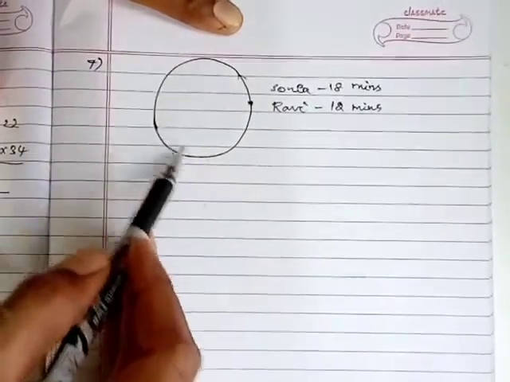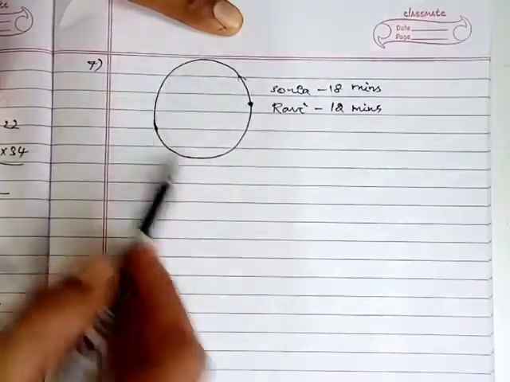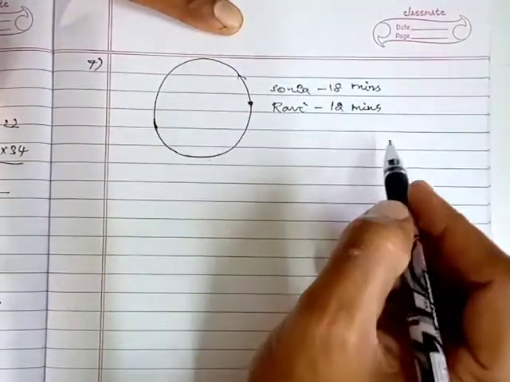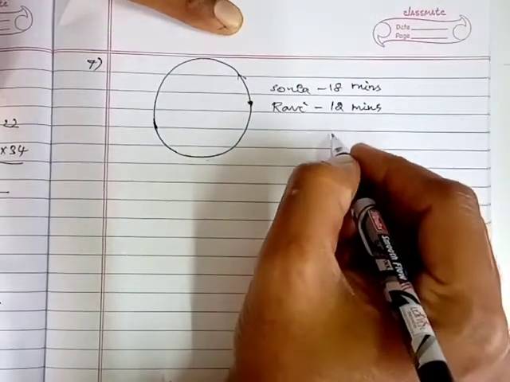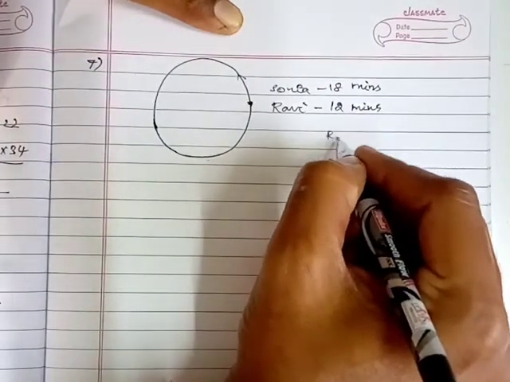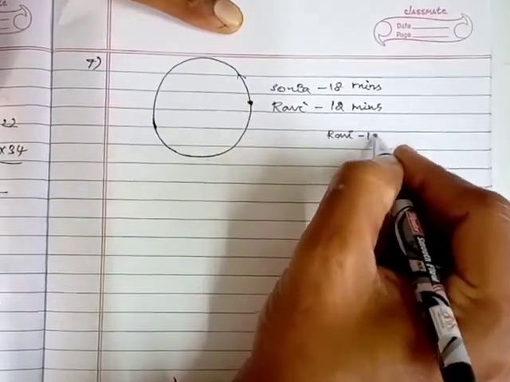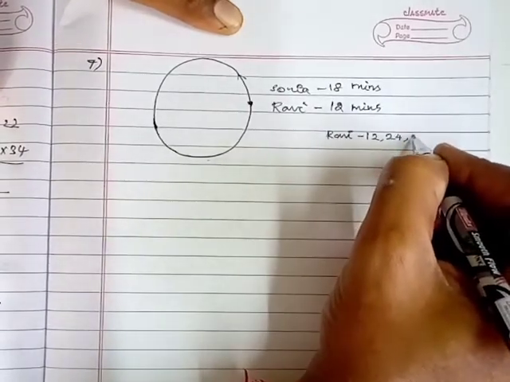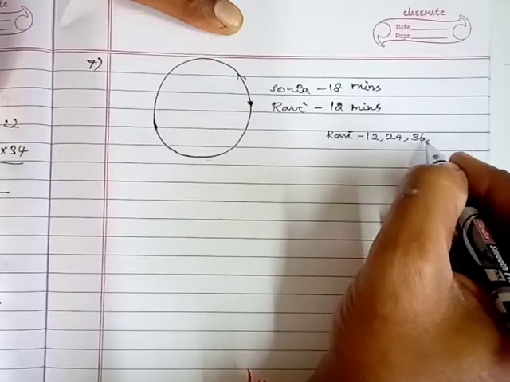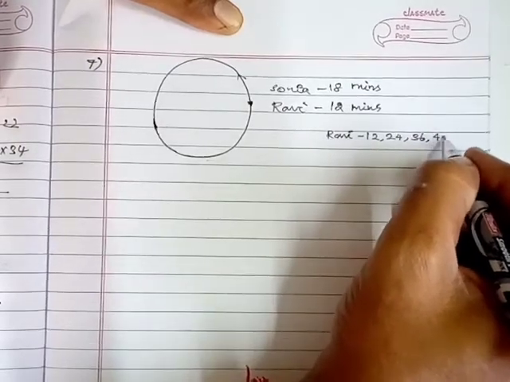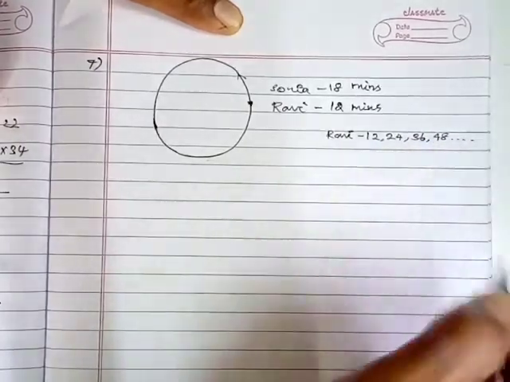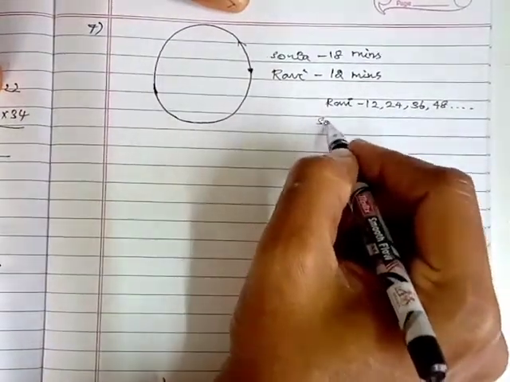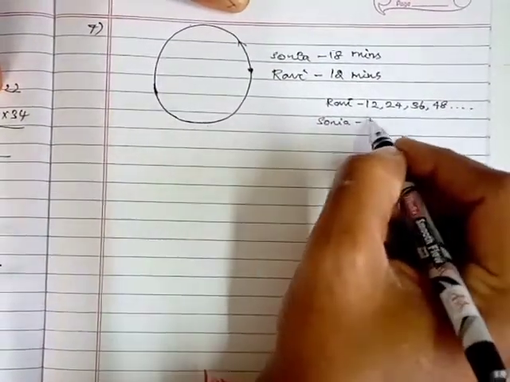We will just calculate in another way, okay? Ravi will complete the first round in 12 minutes, second round in 24, third in 36, another 12 minutes he will complete the fourth. It will go like this, right? And Sonia completes the first round in 18 minutes.